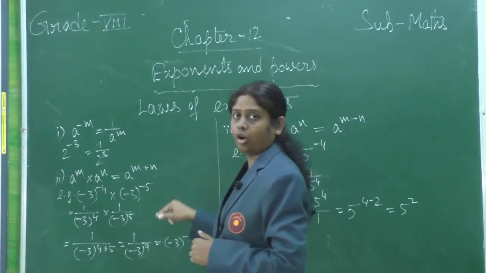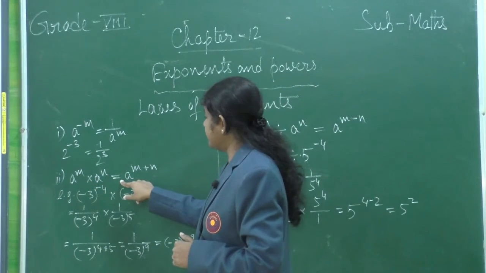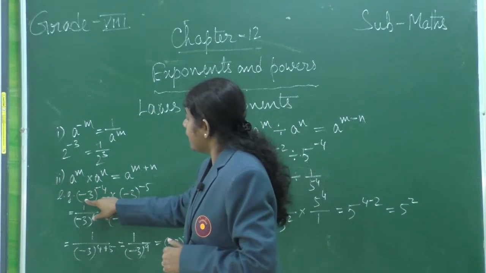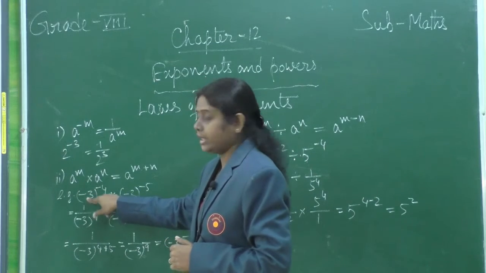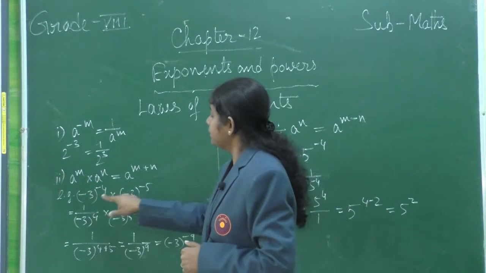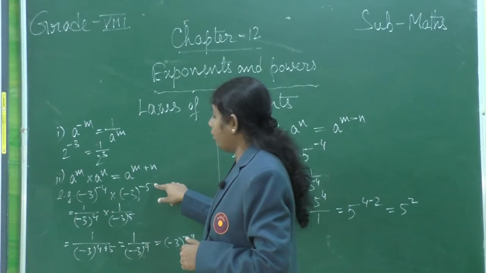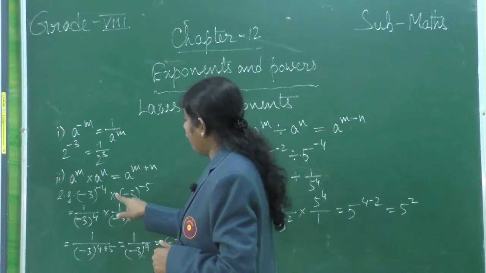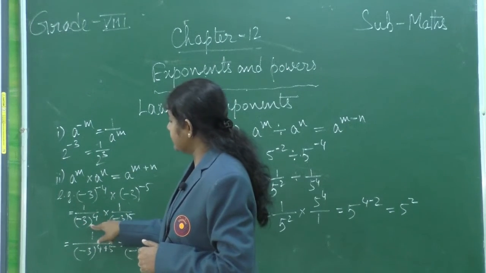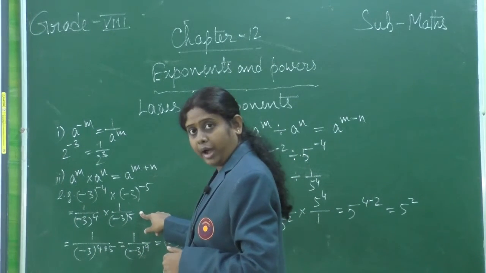Come to the second law. a to the power m into a to the power n gives you a to the power m plus n. Example, take a as minus 3, m as minus 4 and n as minus 5. That means minus 3 to the power minus 4 into minus 3 to the power minus 5. After taking reciprocal, we are getting 1 by minus 3 to the power 4 into 1 by minus 3 to the power 5.